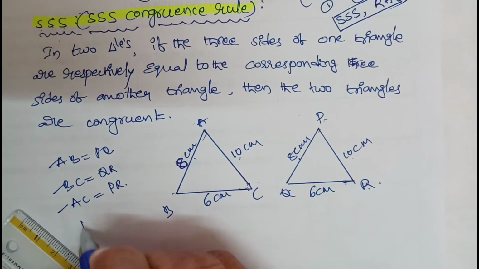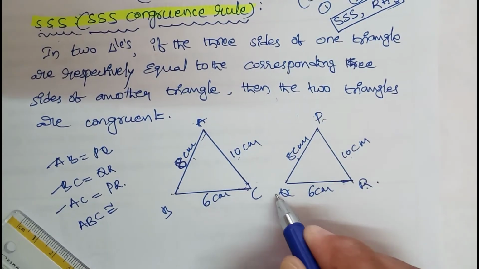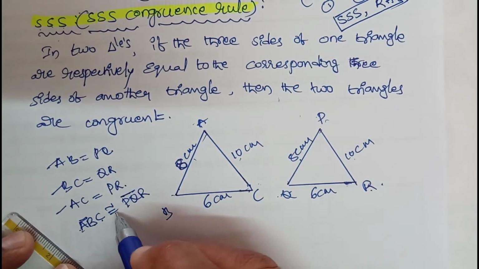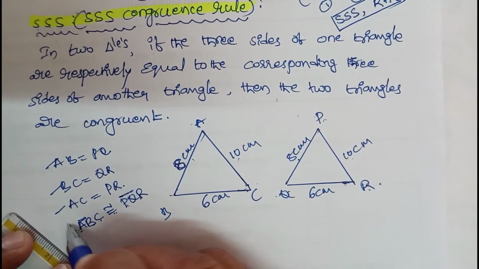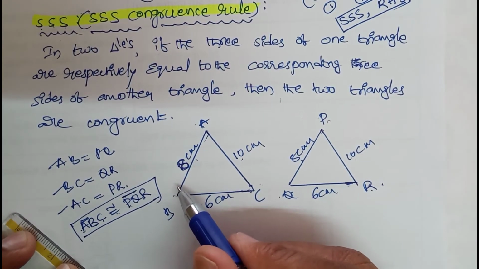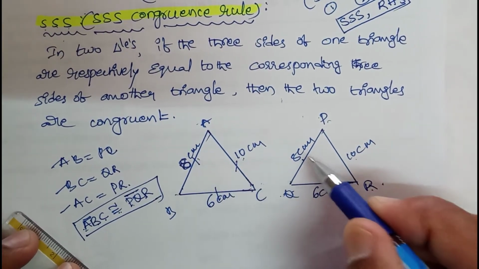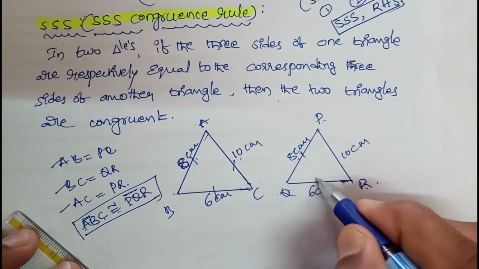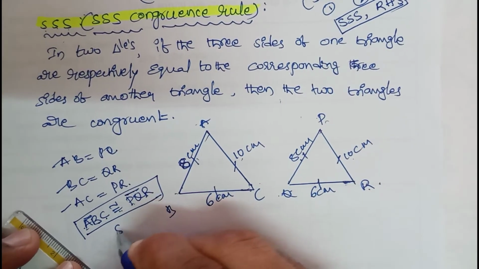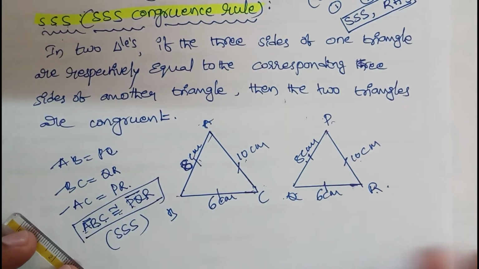Therefore triangle ABC is congruent to triangle PQR. This is the side side side congruency rule. Therefore these two triangles are congruent by the SSS congruency rule.